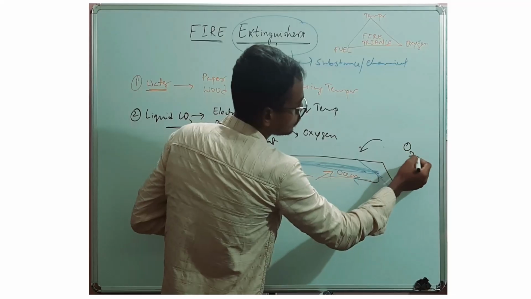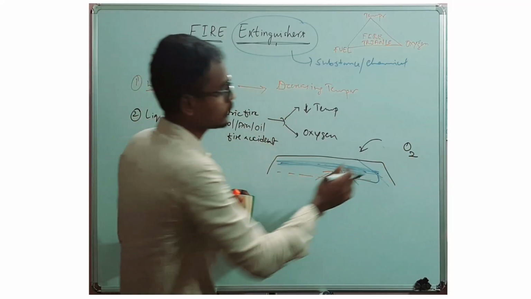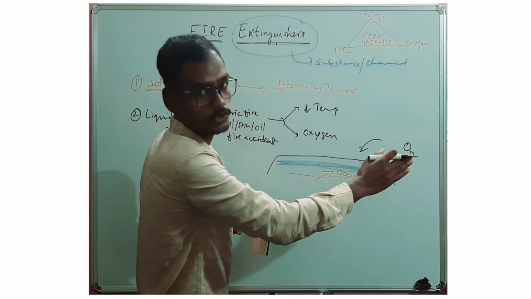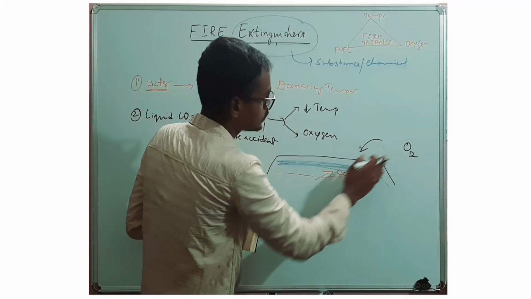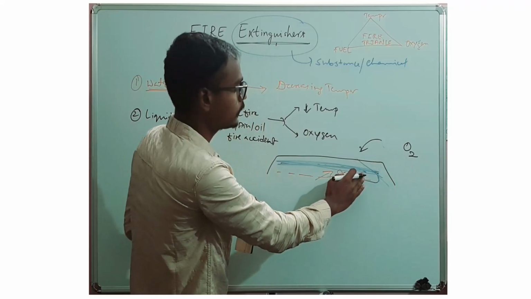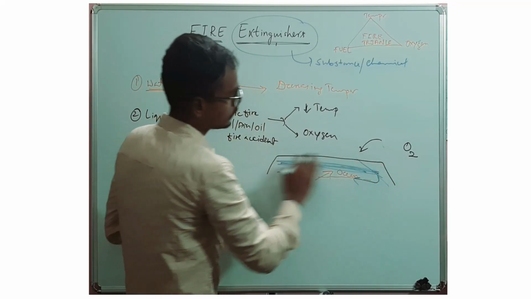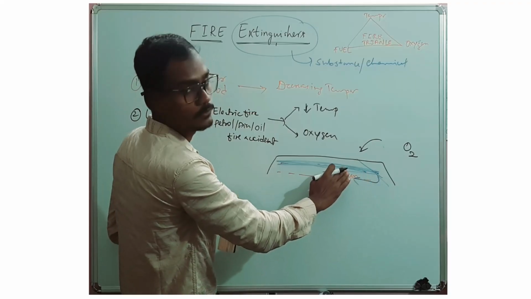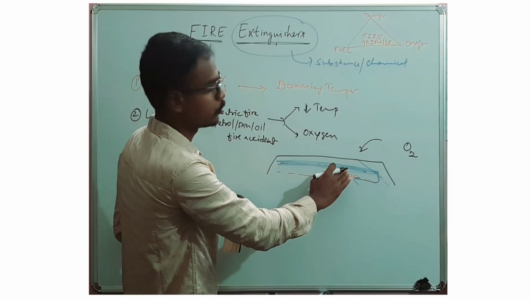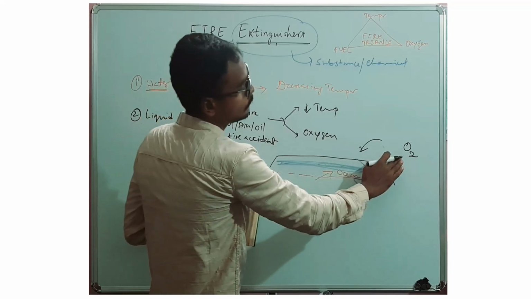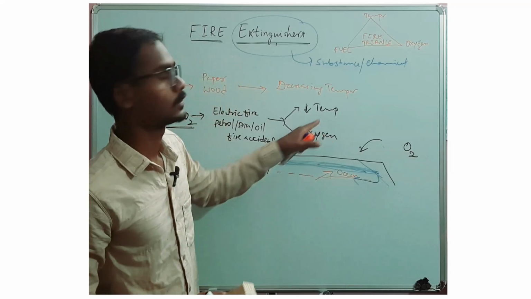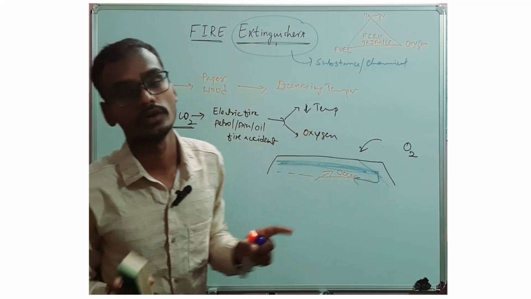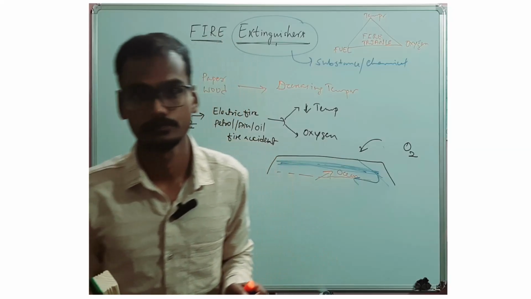Can this oxygen in the atmosphere reach this oil medium? Because the carbon dioxide already covered this oil surface, oil medium. Okay, crude oil. We eliminated oxygen also, we decreased temperature also, then the fire will definitely be controlled.